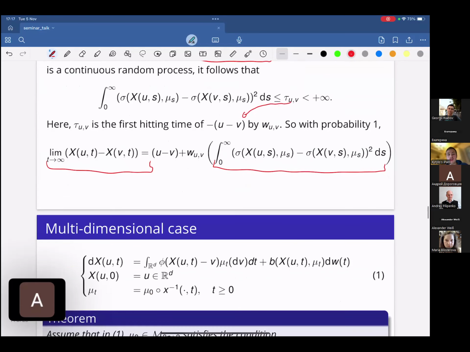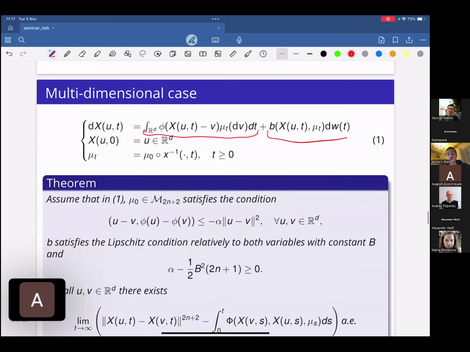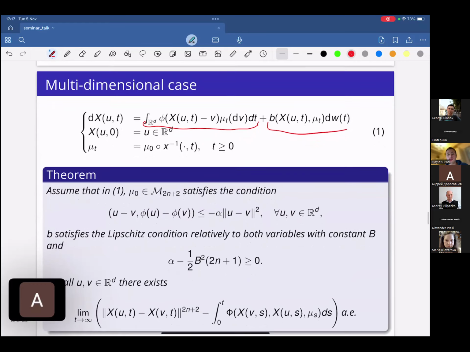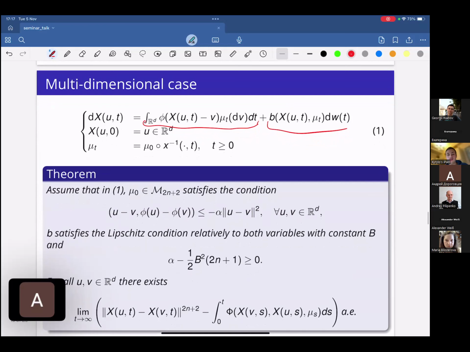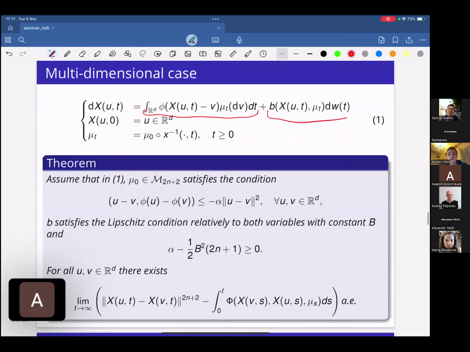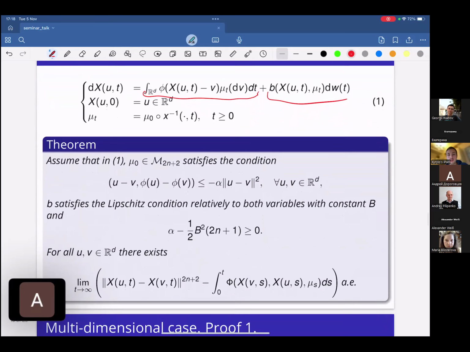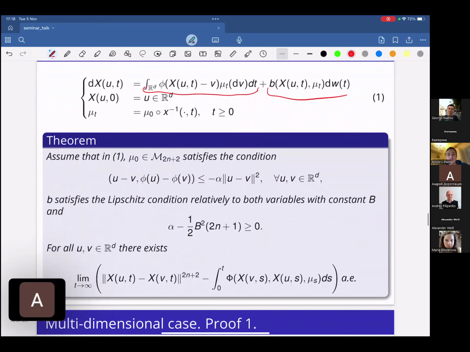In the d-dimensional case and in general settings, where we also have a diffusion term and a drift term, in order to establish it we can use a similar approach, but add a little bit of machinery to it. Again, just a repetition of the main statement: if we have such restrictions, then we can establish the existence of such a limit.